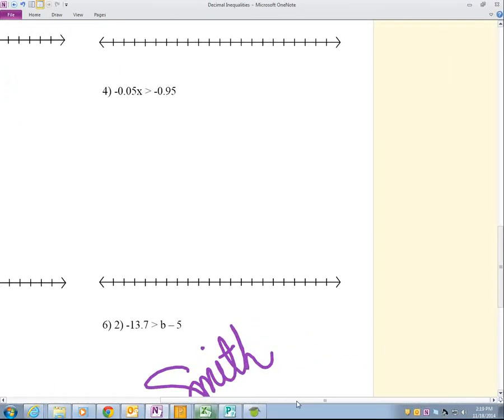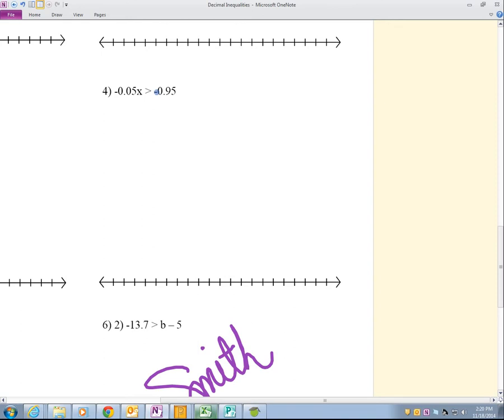Yep. So we have negative 0.05x is greater than negative 0.95. Now, this is a question that came to me on Edmodo last night, and also a student asked this earlier today. Don't forget that whenever you see these two smushed together, that means negative 0.05 times x.